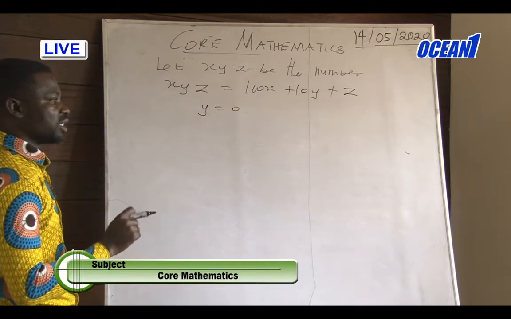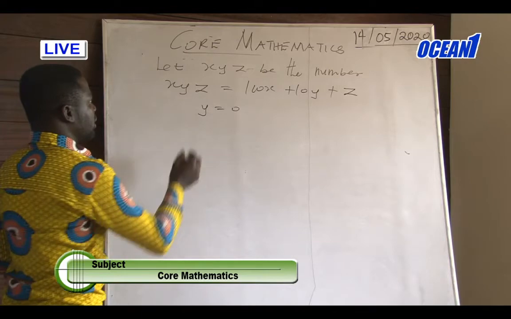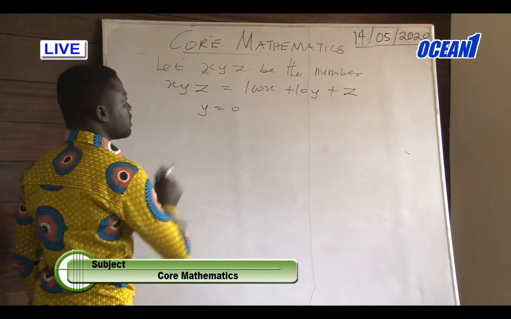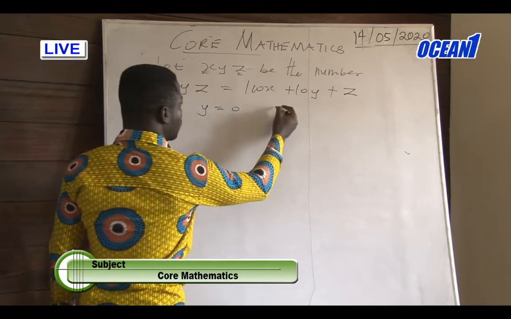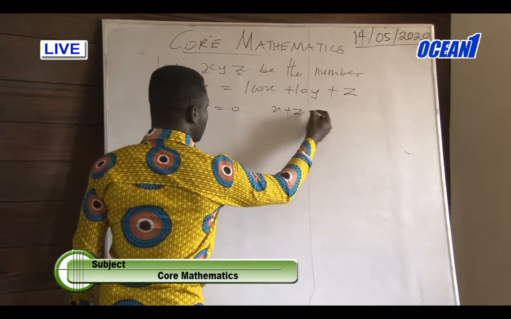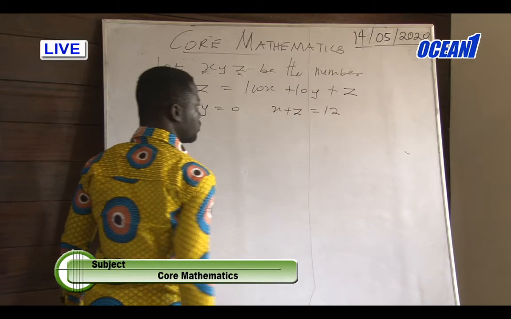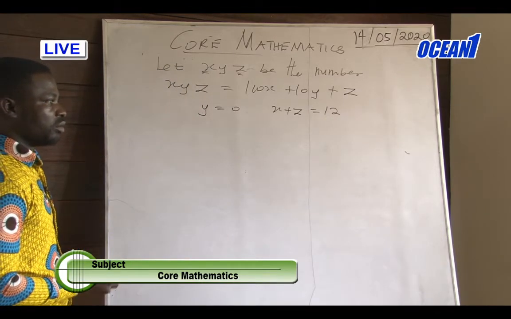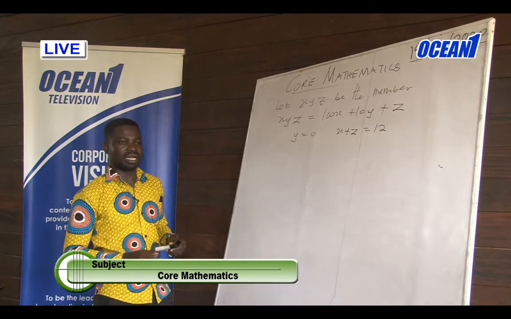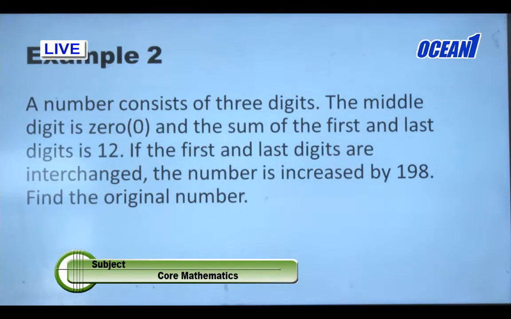And the sum of the first and the last digit is 12. This is the first digit, which is x. The last digit is z. When you sum it, it's 12. So we also have x plus z is equal to 12. Now, if the first and the last digit are interchanged, you have to form the first and the last.